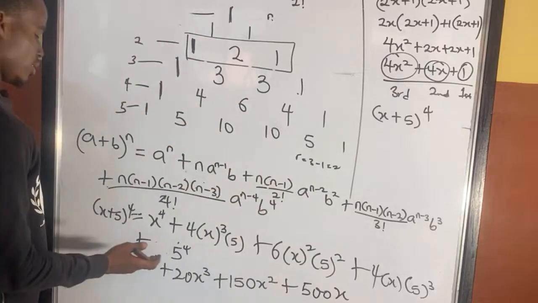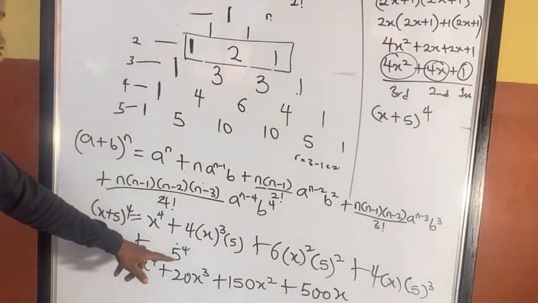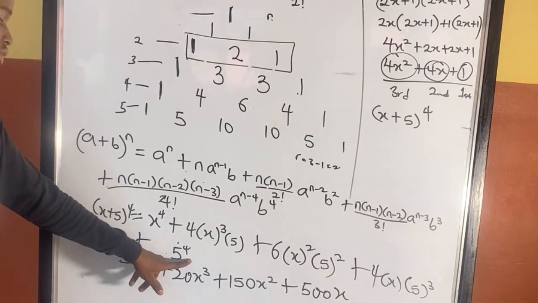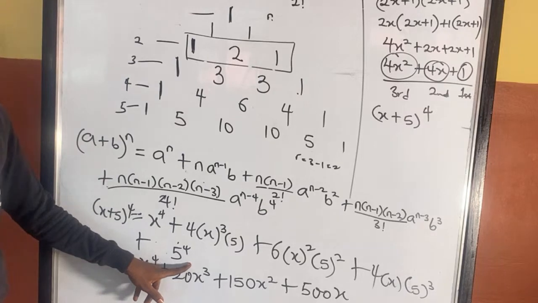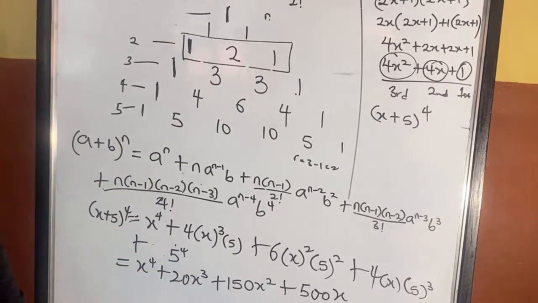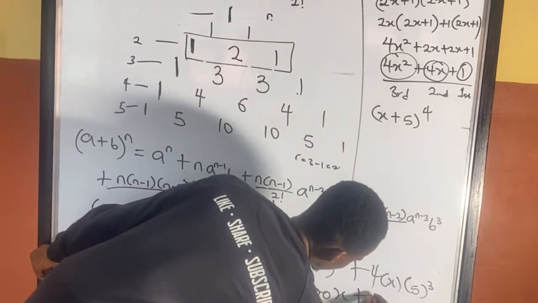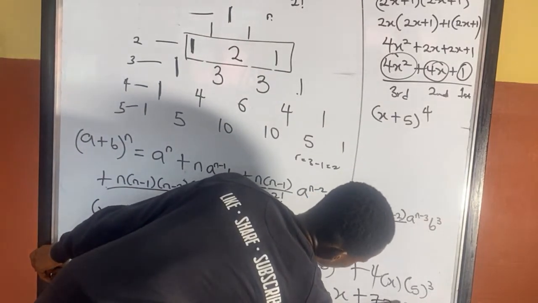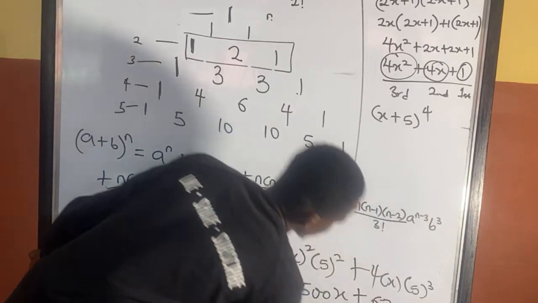Then finally, we have what? 5 raised to the power of 4. 5 times 5, 25. 25 times 5, 125. 125 times 5, 625, sorry. Yeah, 625.